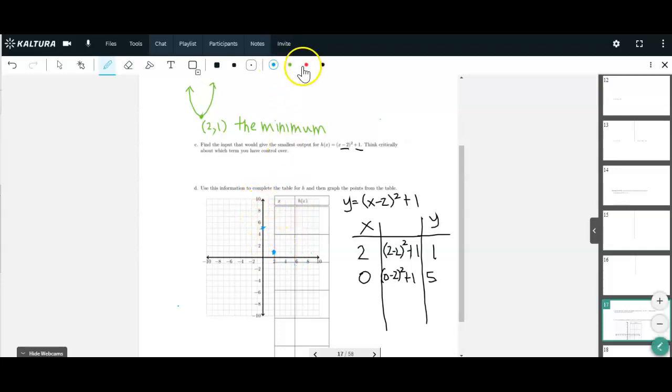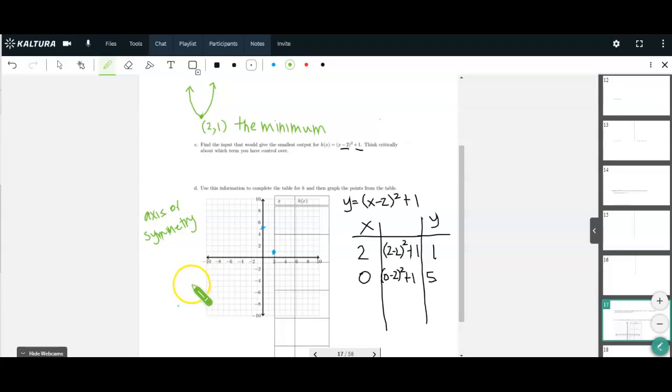But remember what we said last time about the axis of symmetry. The axis of symmetry always happens with these parabolas, because if we were to fold our parabola along that axis, one side would land on the other side.